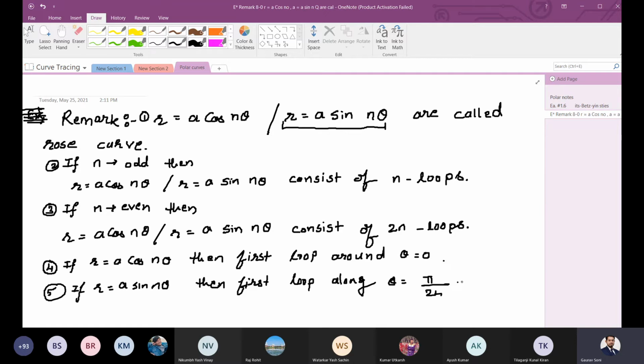And how many such loops to make? Depending on n. If r is equal to a sin n theta, then the first loop comes around pi by 2n. So I will solve 3 to 4 examples using these 4 remarks. If you want, you can note it down immediately so that you will be able to draw the curves orally for Rose curve.